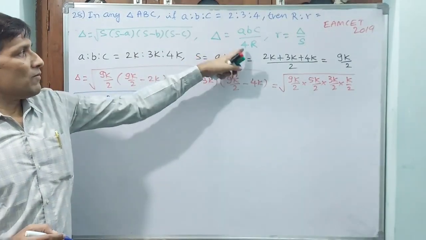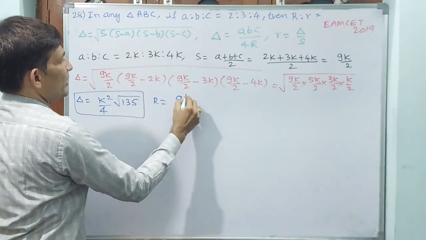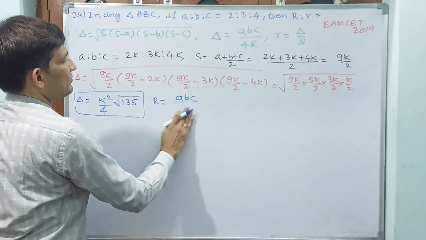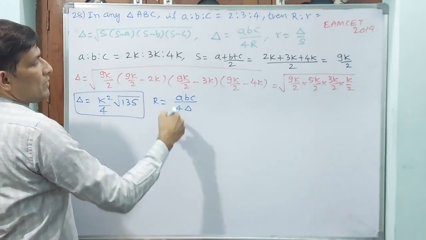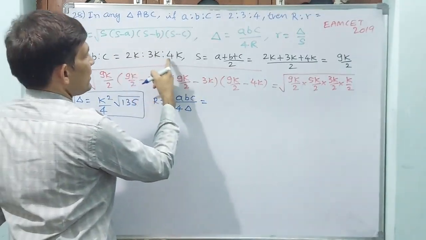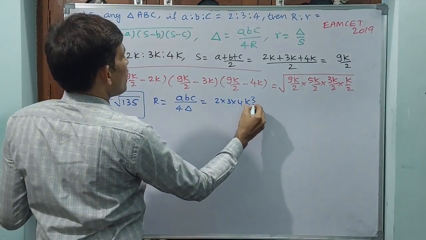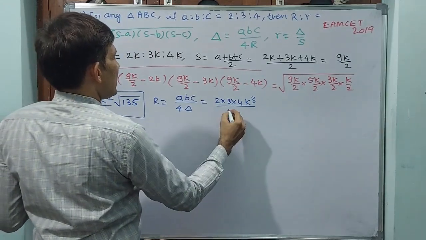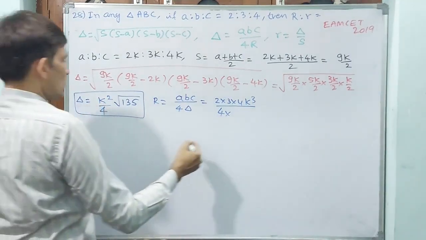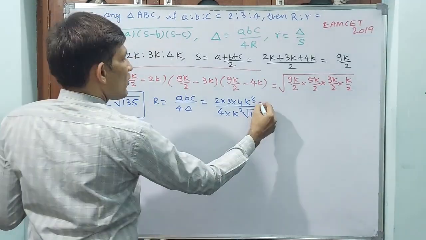But what about R? Capital R also you can find. You see, R is equal to ABC by 4 delta. That is equal to ABC, how can I write? See, 2k into 3k into 4k, that means 2 into 3 into 4, k cube, by 4 delta. 4 into delta means you see here only you are having k square into root of 135 divided by 4, so I will keep 4 here.